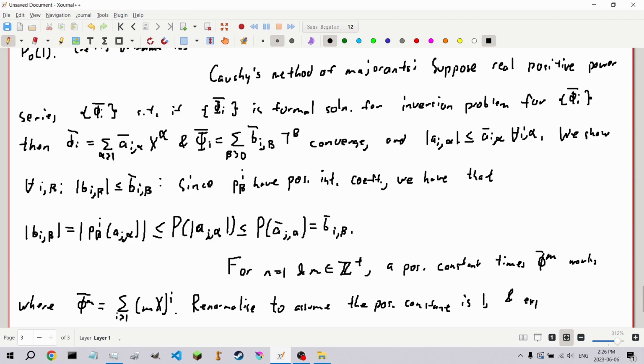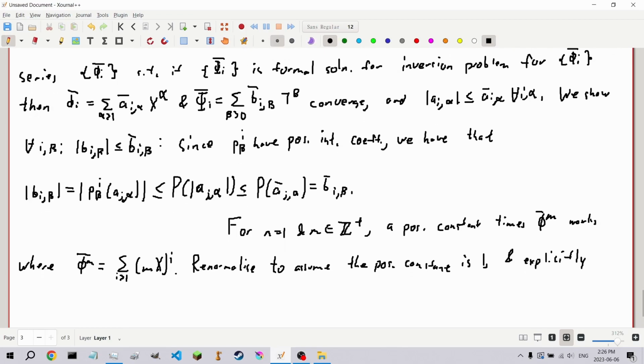And we explicitly compute the inverse, which we're going to write as capital phi bar to the m of capital C of phi bar to the m.